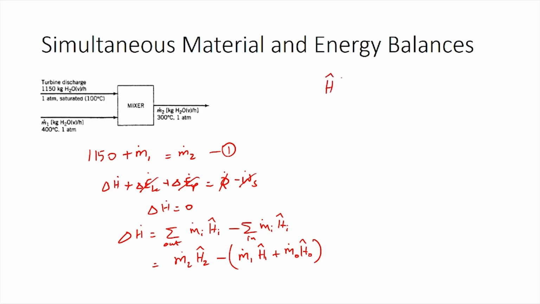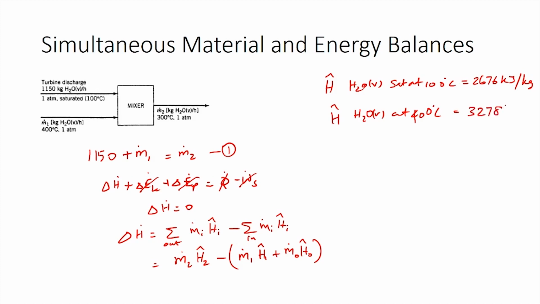The specific enthalpy H cap for water vapor which is saturated at 100 degrees Celsius is equal to 2676 kilojoules per kilogram. The specific enthalpy of water vapor at 400 degrees Celsius, so this is the superheated steam, would be 3278 kilojoules per kilogram.